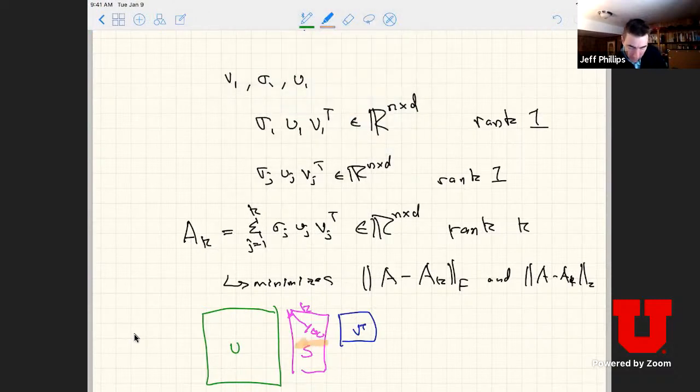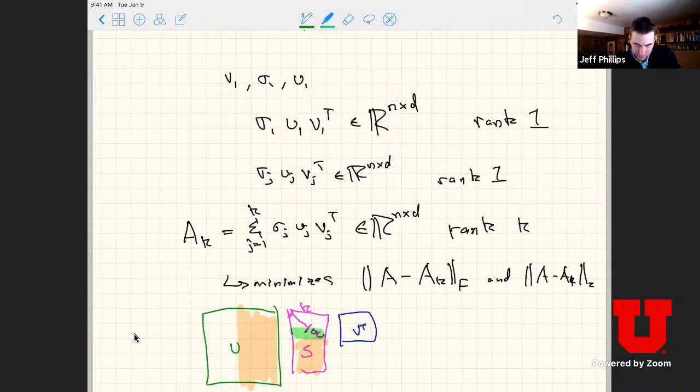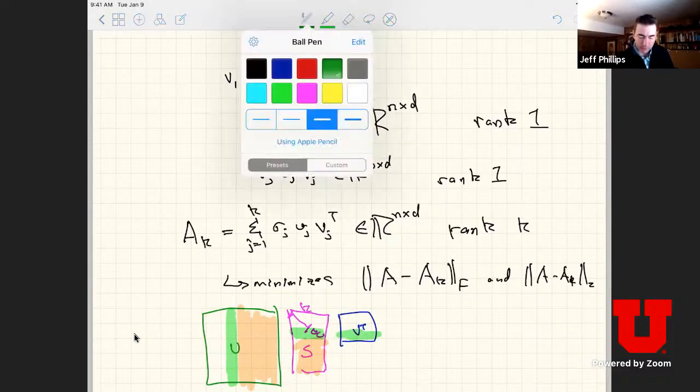Because these were already all zeros by definition, everything over here was already zeros. But now I'm zeroing out this stuff, and that causes this to be all zeros and this to be all zeros, because I'm multiplying them by zeros when I'm recovering this.